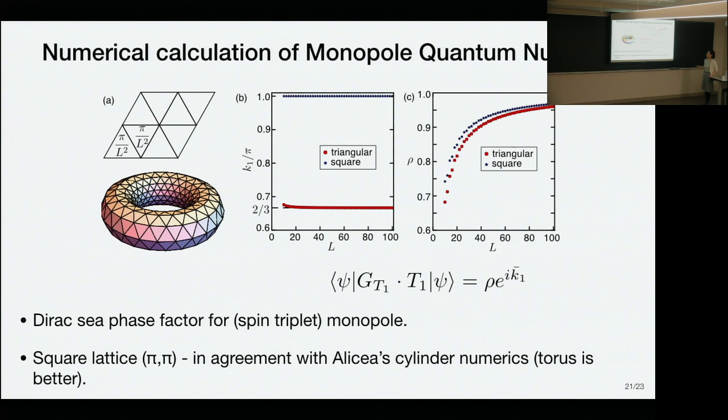We find that as we increase the system size, the amplitude of this overlap tends to unity, and the phase is very well quantized to be 2π/3 on the triangular and π on the square lattice. This also aligns with Alicia's result.